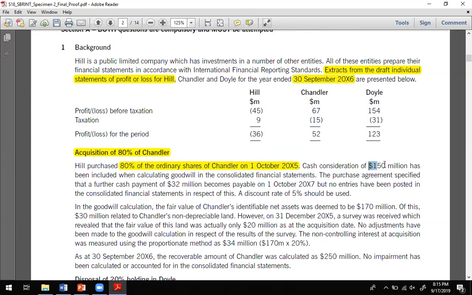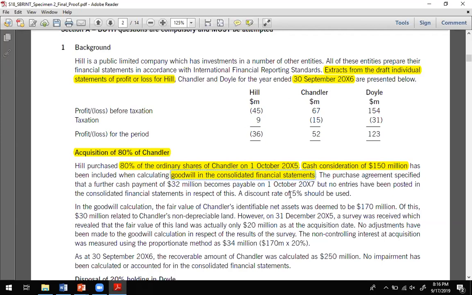Cash consideration of 150 million has been included when calculating goodwill in the consolidated financial statements. So far the treatment is correct because we have paid the cash consideration, which is already included in the goodwill. So there's no problem up till now.